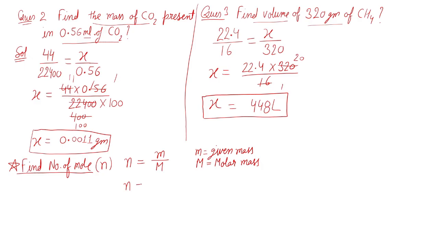Next we have given number of atoms divided by Avogadro number. It is the given number of atoms, or molecules can be there also.